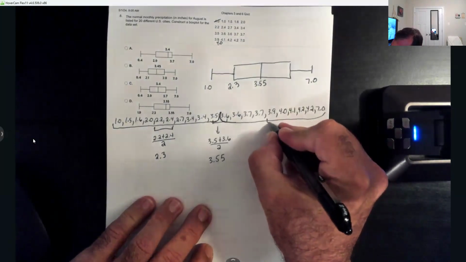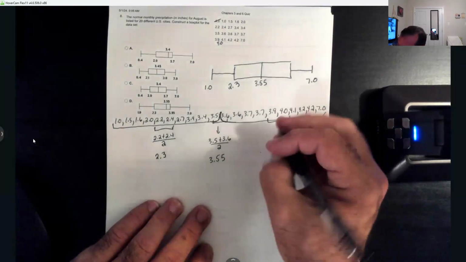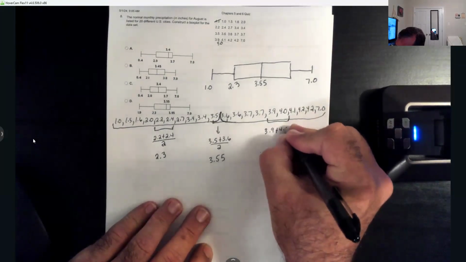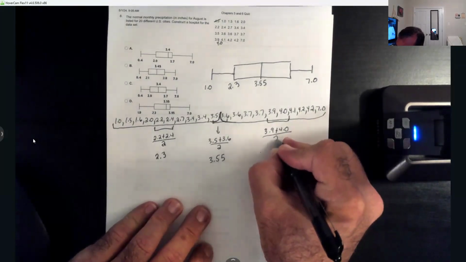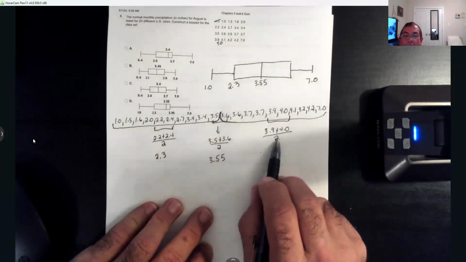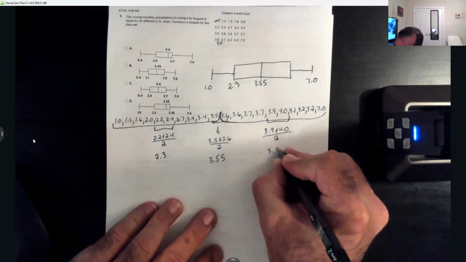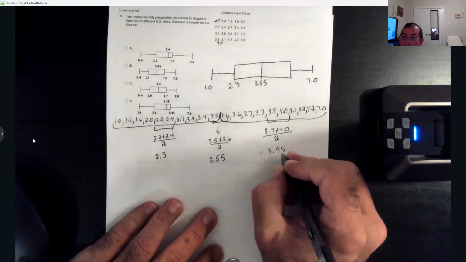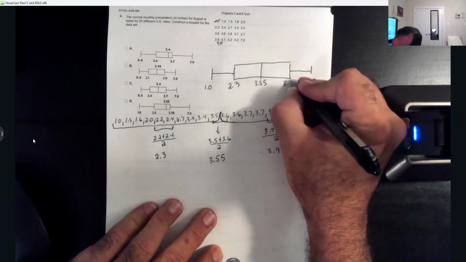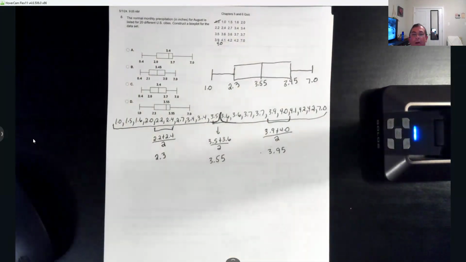So the two innermost points are the 3.9 plus 4.0. And then we will divide that by 2. So y'all, if you add these together, divide by 2, you should get a 3.95. So my upper quartile is 3.95.